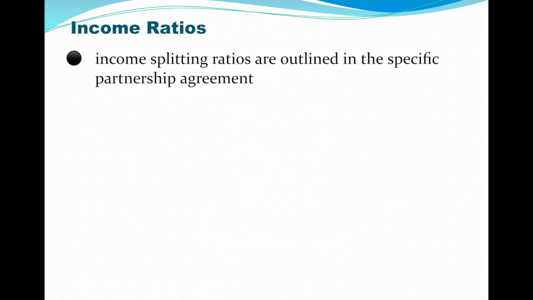You may recall from the last video that I said that partnerships are formed after what's called a partnership agreement is signed. And in that agreement, partners agree to many different aspects as to how the business will be run, who does what, who provides what, and in this case, what the split of incomes or losses will be.